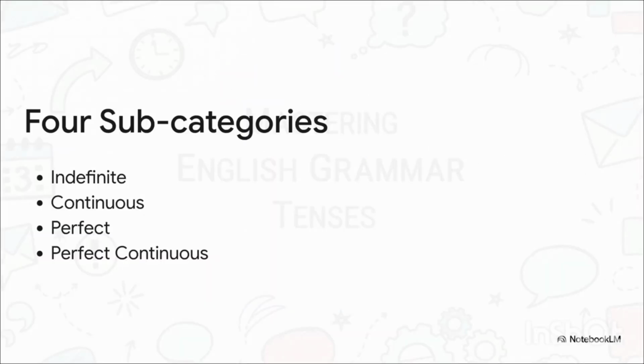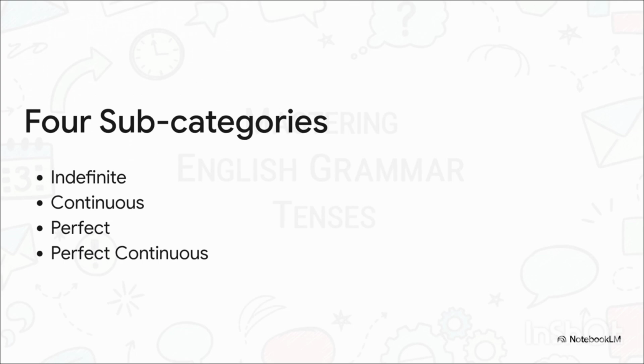So, how do we actually get to 12? Well, each of those 3 main time frames we just talked about, present, past, and future, is divided into 4 identical subcategories. You've got indefinite, continuous, perfect, and perfect continuous. So it's like a grid.